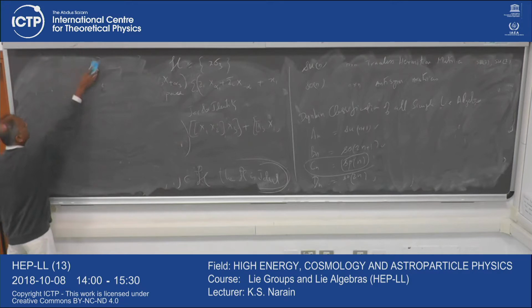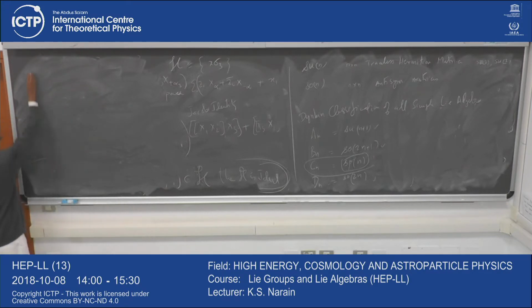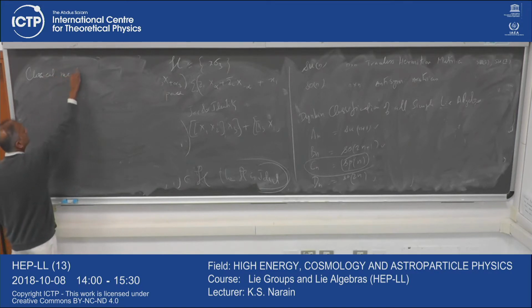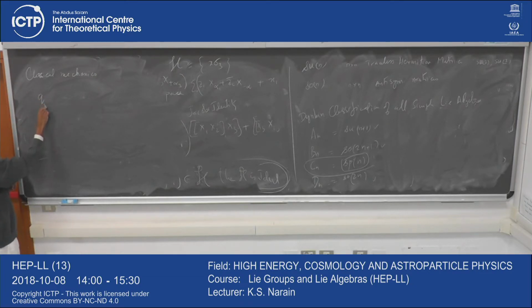So remember in classical mechanics, let's say I have some coordinates qi, some configuration variables qi. Then for each of them, you have a conjugate momentum pi.